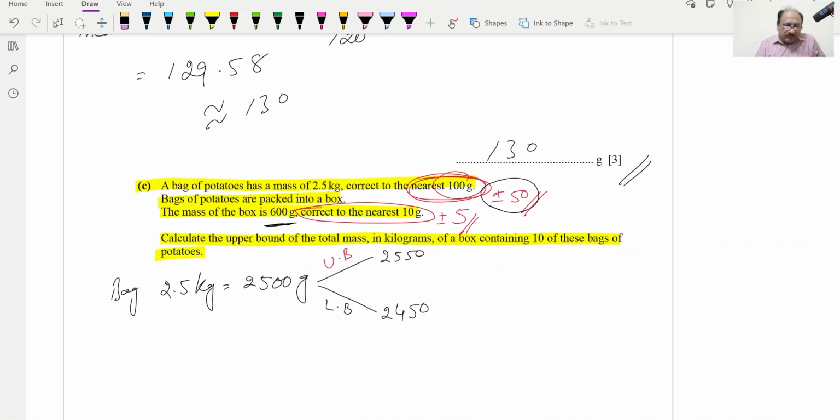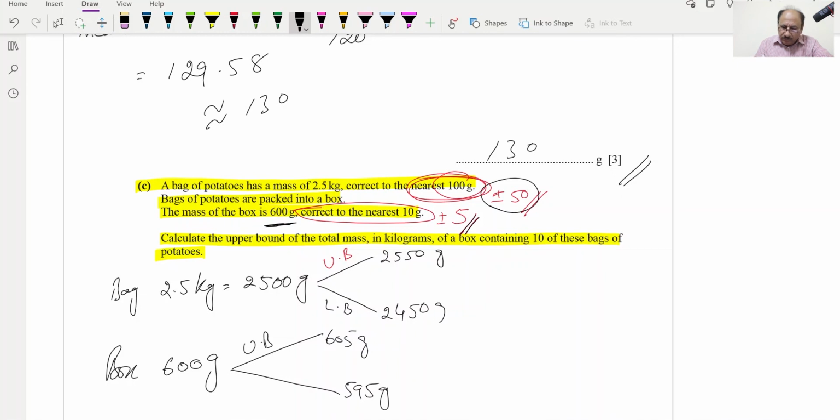Now this is in case of the bag, and in case of the box, the box will be 600 grams, and this will have an upper bound and lower bound. So the upper bound, we will be adding 5 grams, so 605 grams, and the lower bound will be 595 grams.